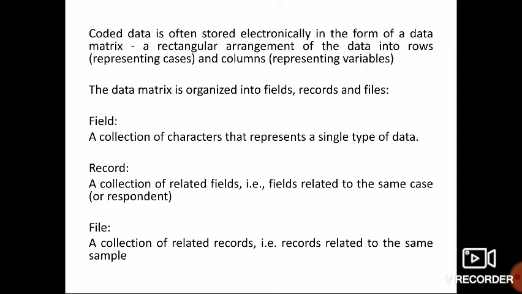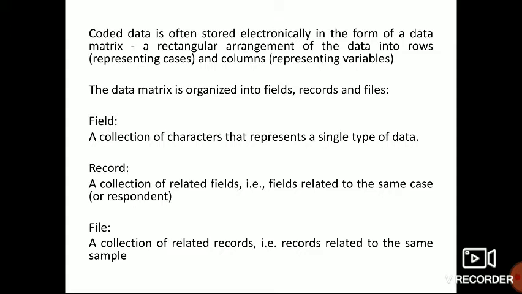After the coding work has been completed, the coded data will be arranged into a matrix. The data matrix is organized into field, record and file.